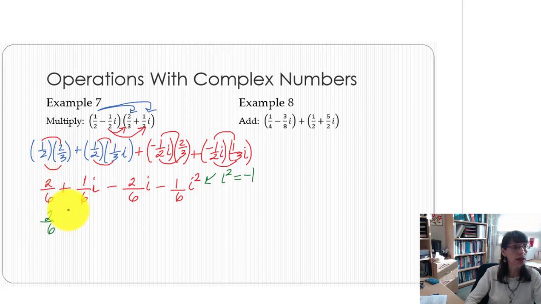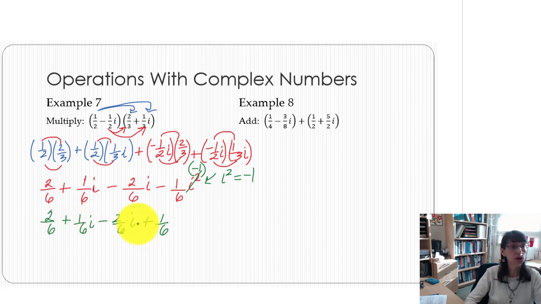Don't worry about reducing yet. I've got positive 1/6 i minus 2/6 i. And notice I'm going to replace i squared with negative 1. So instead of writing i squared, it means that negative 1/6 is multiplied by negative 1. Negative times negative means addition of 1/6. And notice we no longer have a complex number because it was replaced with negative 1.